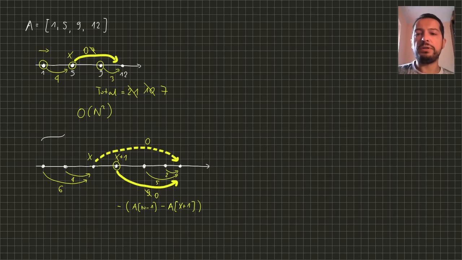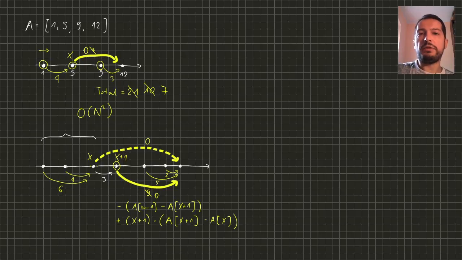Moreover, the cost for every city which is to the left of X plus 1 will need to increase by the distance between X plus 1 and X, since we need to cover the longer road for the beginning of the motorway. We have X plus 1 such cities, so the cost will increase by X plus 1 multiplied by the distance between city X plus 1 and X. Finally, the costs for cities to the right of X plus 1 won't change.